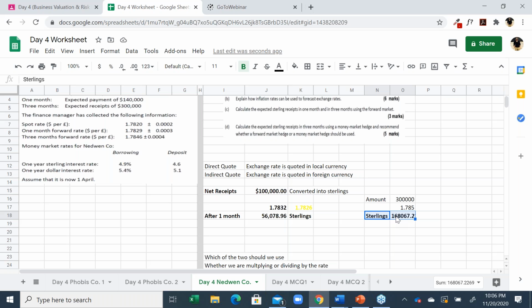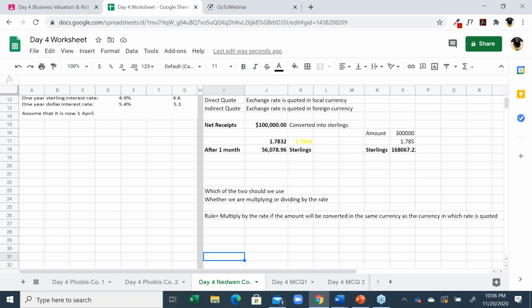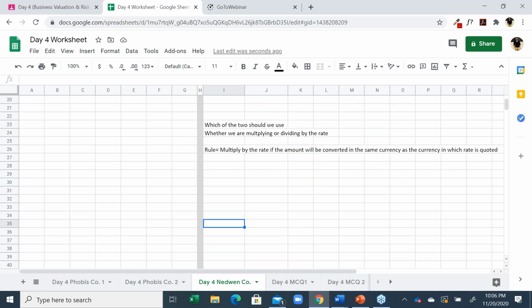Now we have to calculate the same sterlings, assuming that the company is going to use a money market hedge. We'll compare the two, and definitely we will choose the one in which the company receives more pound sterlings.